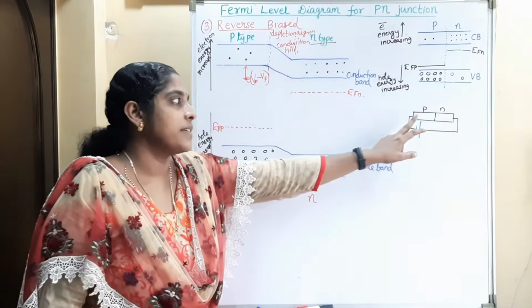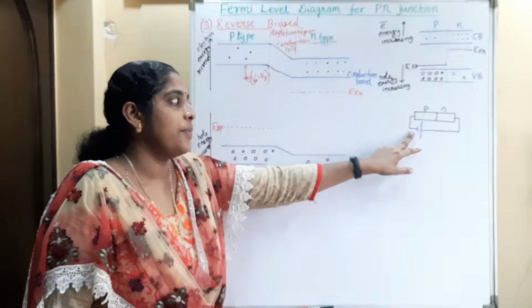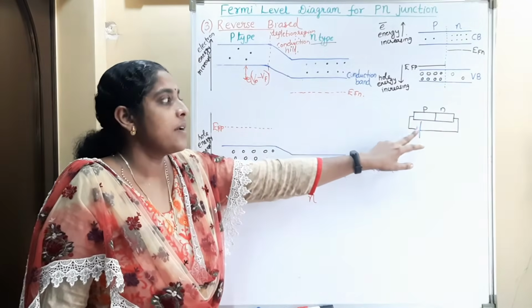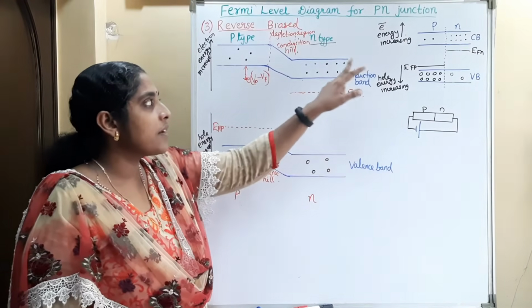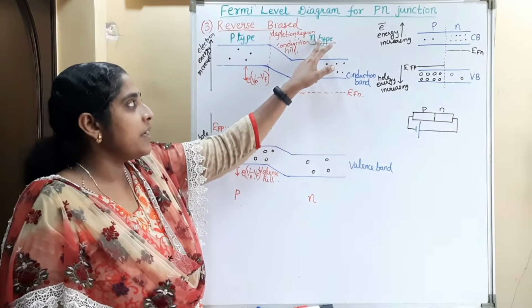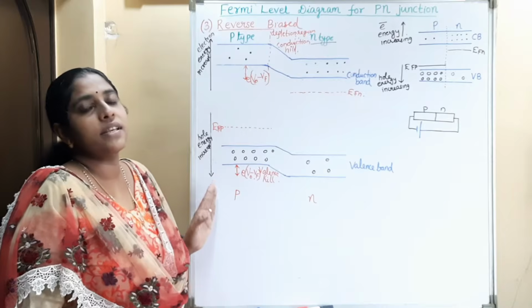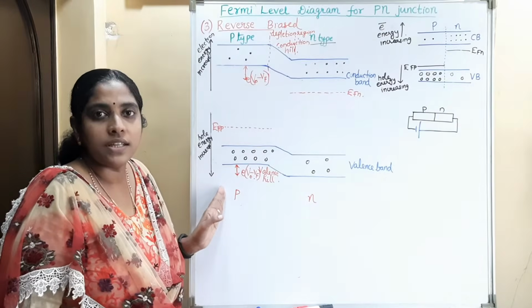During reverse biasing, the P region is connected to the negative pole of the battery and the N region is connected to the positive pole of the battery. Because of this, the electron energy in the N region will decrease and also the hole energy in the P region will decrease.